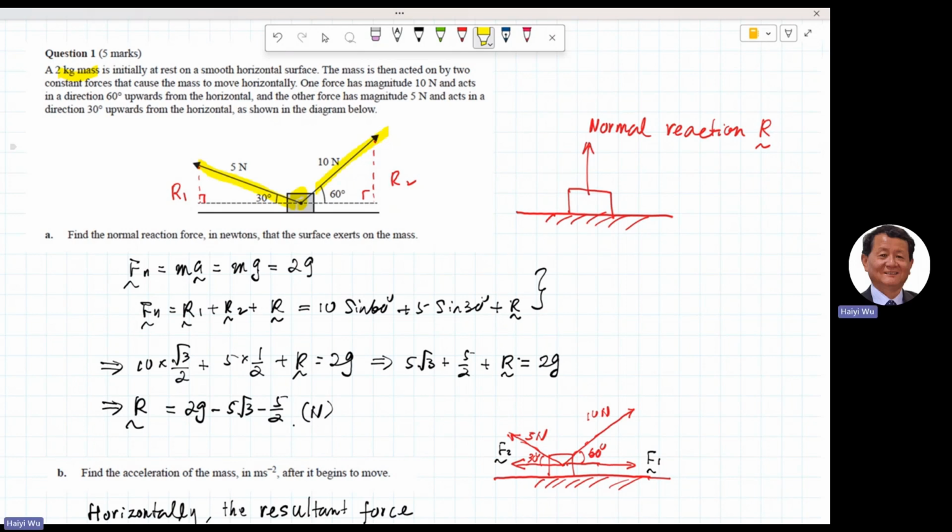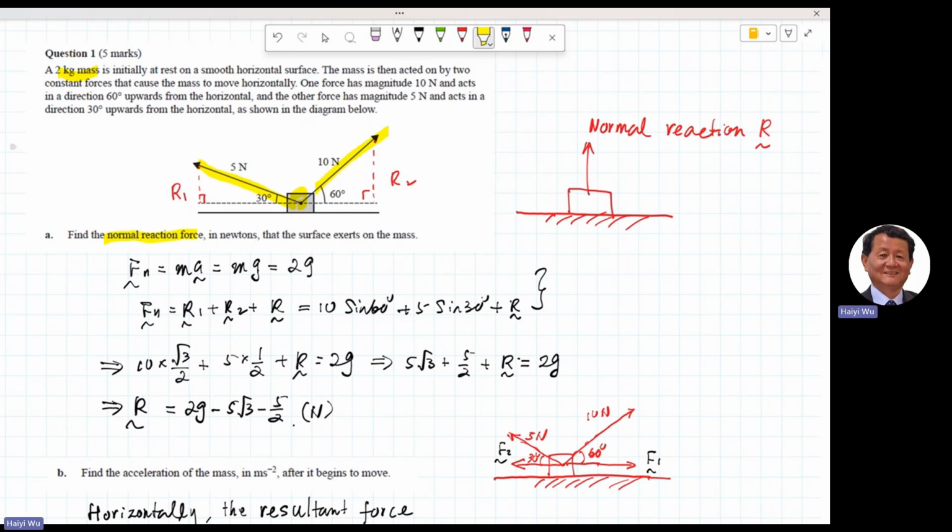I also give you the angles with regard to the horizontal surface. So we need to find, question one, what is the total normal reaction force in Newtons?